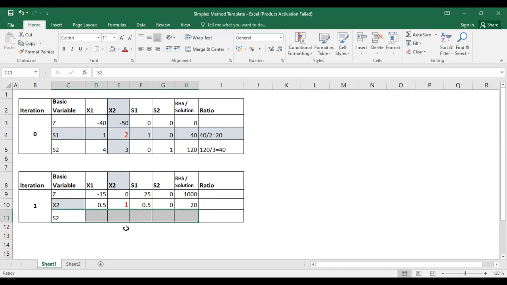Minus. So we're going to have 4, 3, 0, and 1. Is that what we have? Yes. And then 120. Was it 120? Yeah, 120.